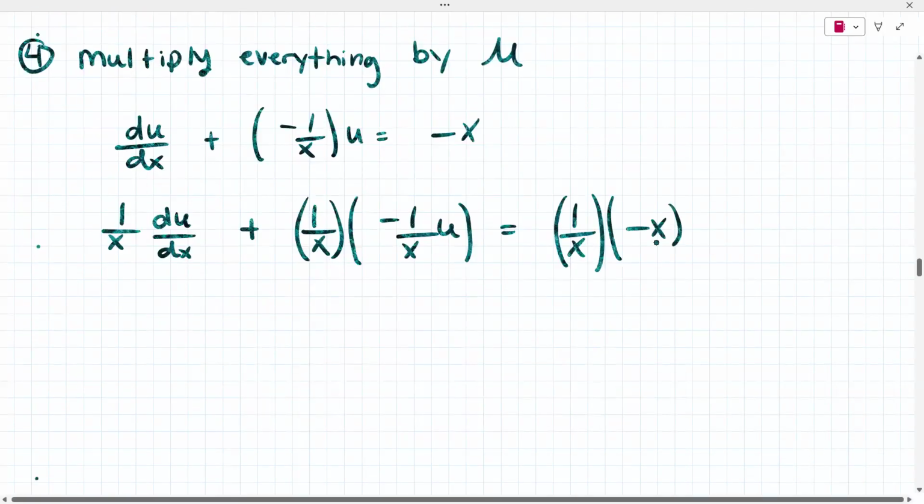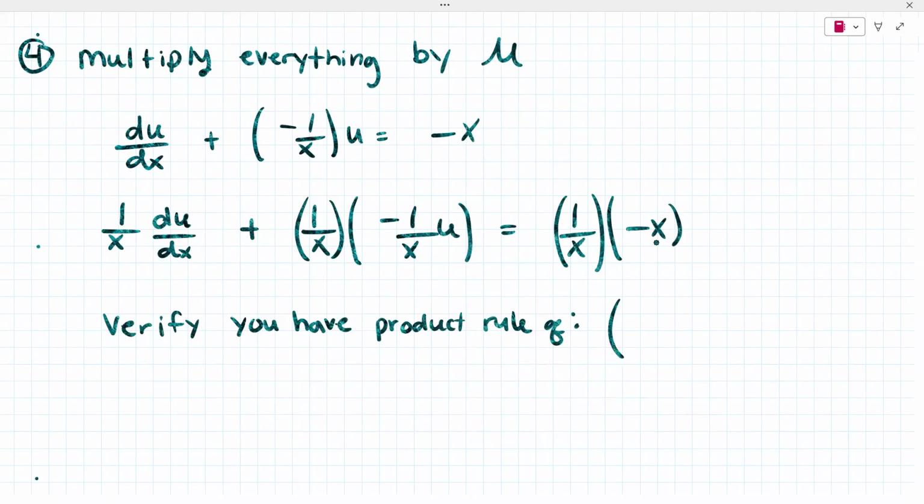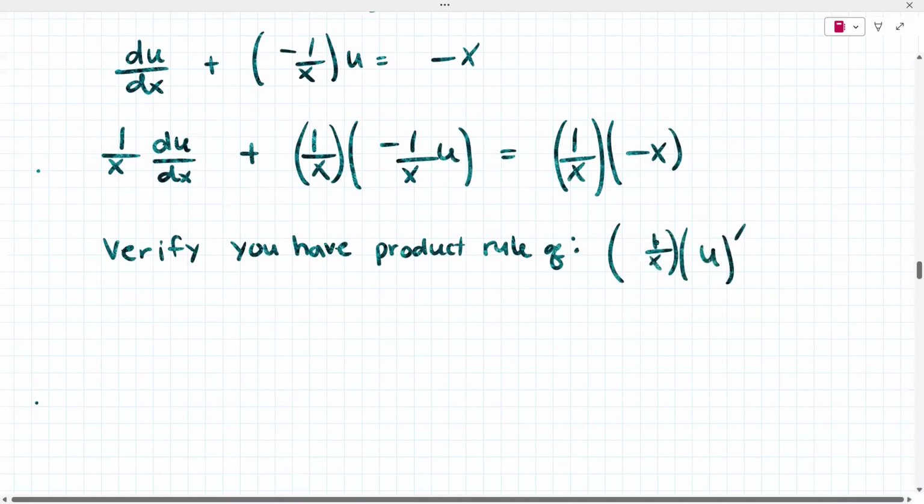Okay. Then what you have to do is verify that the left side is the product rule of 1 over x times u prime. This is a perfect way to make sure you didn't make a mistake. So how do you take the derivative of this?